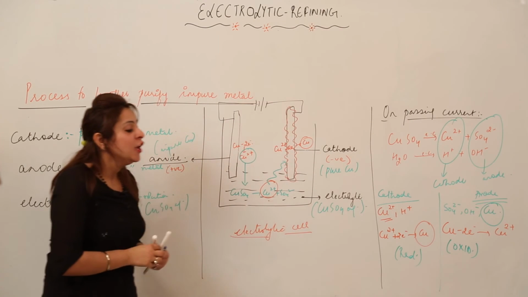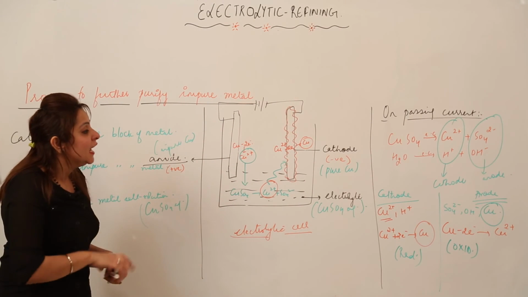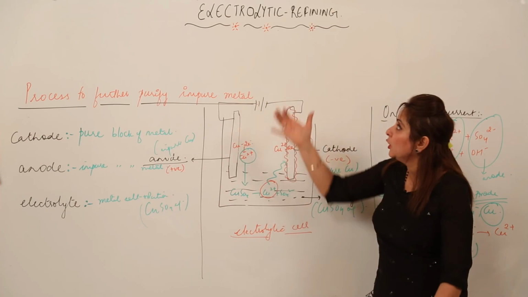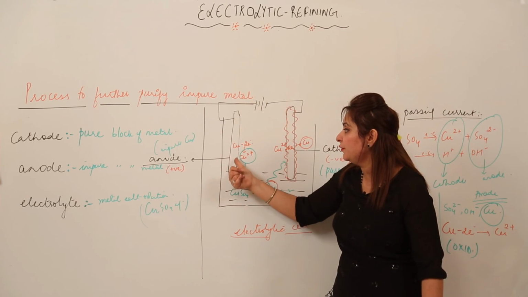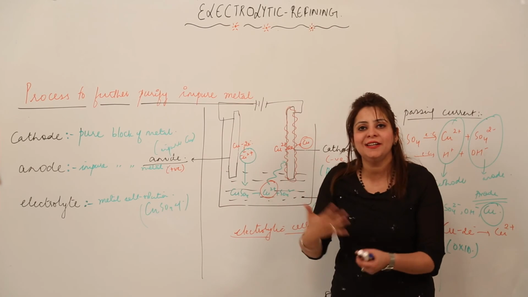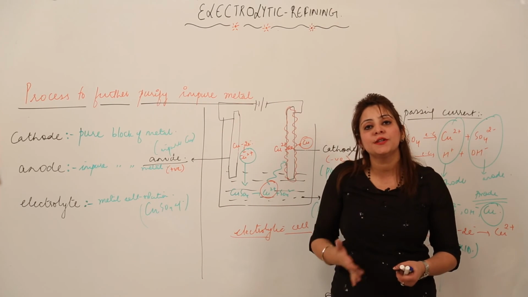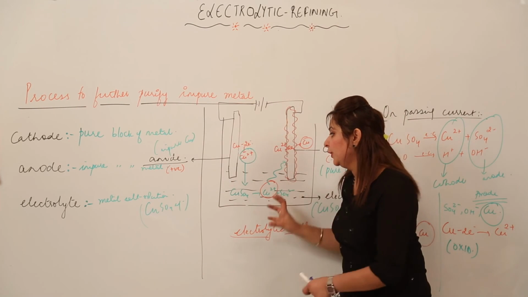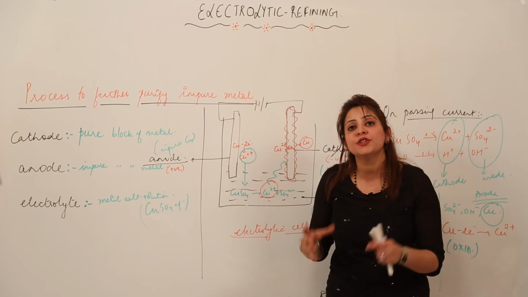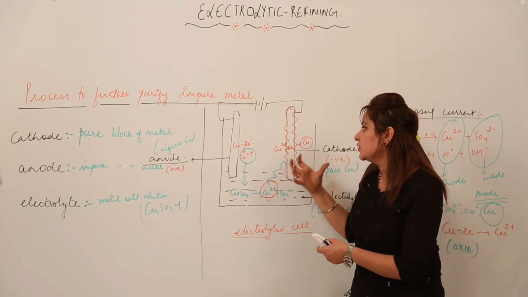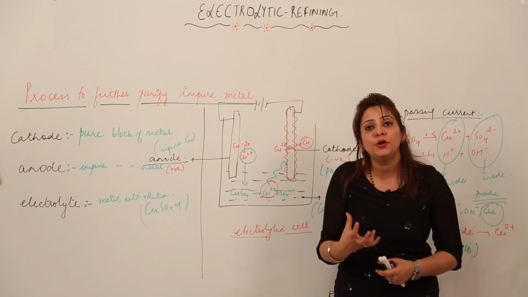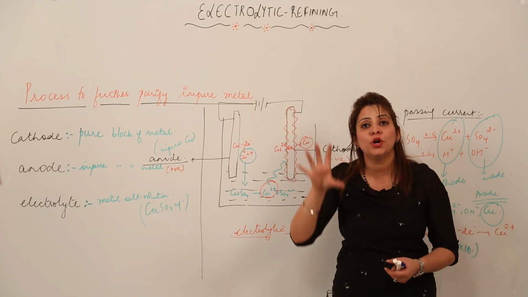Why were we performing this experiment? Because we need to purify the impure block, and this we have achieved, because this block starts dissolving as it gets converted into ions, and those ions go into the solution, and along with the more Cu2+ ions present in the solution, they go to the cathode, where they gain their 2 electrons back and change into copper metal, and that purified layer is coated on the cathode.